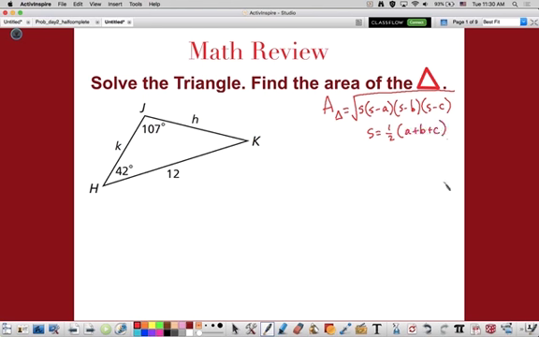That'll also give you the area of the triangle, just using sides. Pretty cool. So try it when you're done.